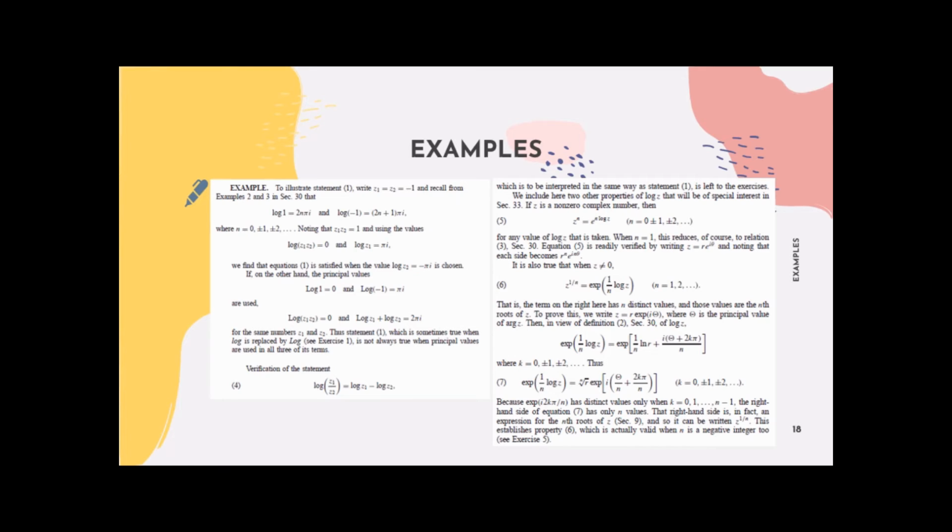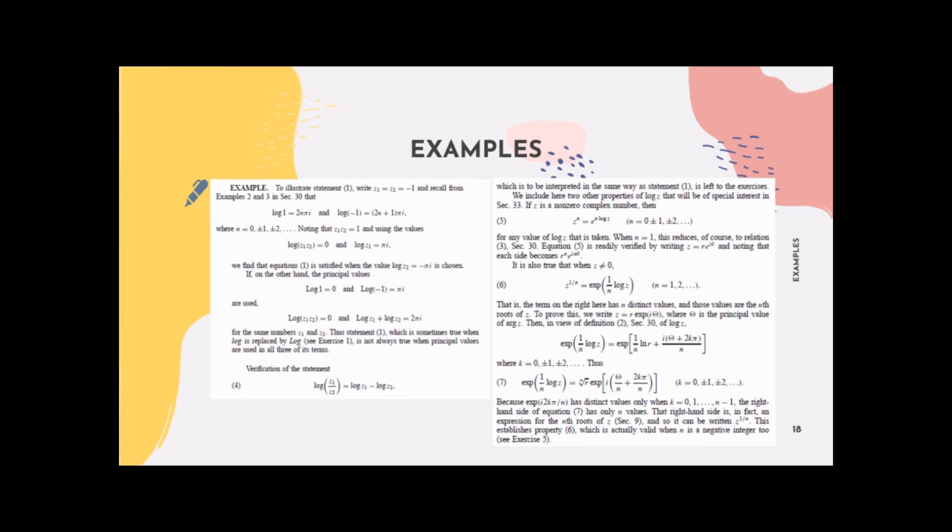It is also true that when c ≠ 0, c^{1/n} = exp((1/n) log c), for n = 1, 2, and so on. That is, the term on the right here has n distinct values, and those values are the nth roots of c.